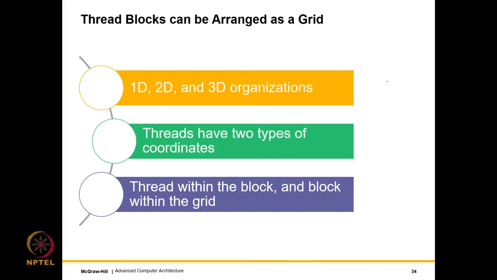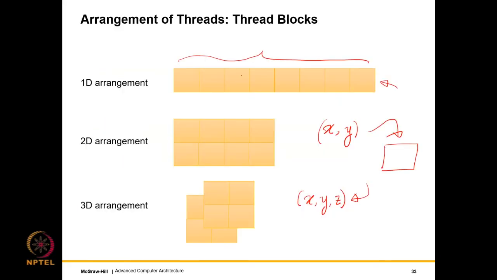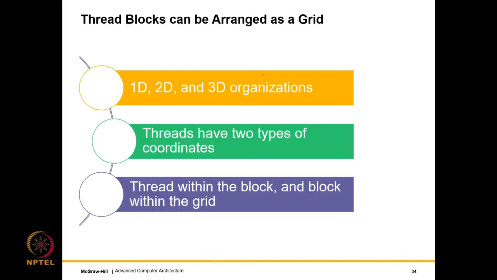What we have created with this arrangement is a thread block. We have a 1D, 2D, and 3D organization for a thread block, and thread blocks themselves can be arranged in a 1D, 2D, or 3D fashion. That is known as a grid. So where did we go? We had a thread.